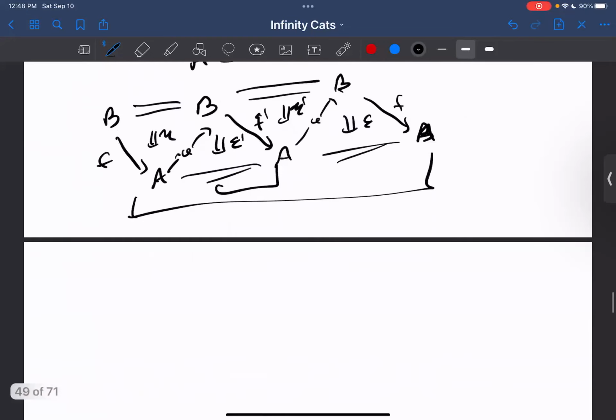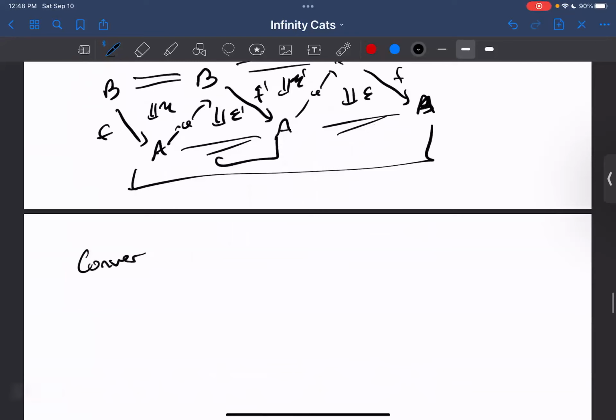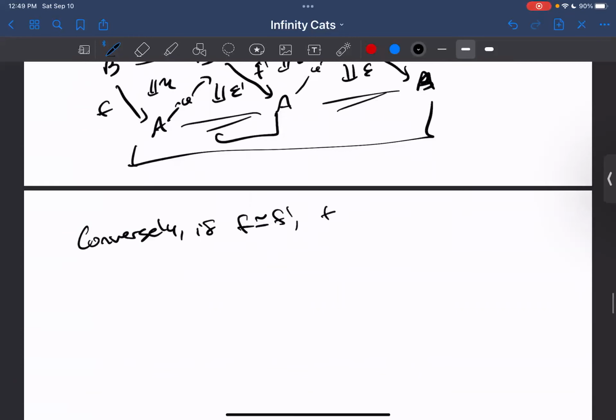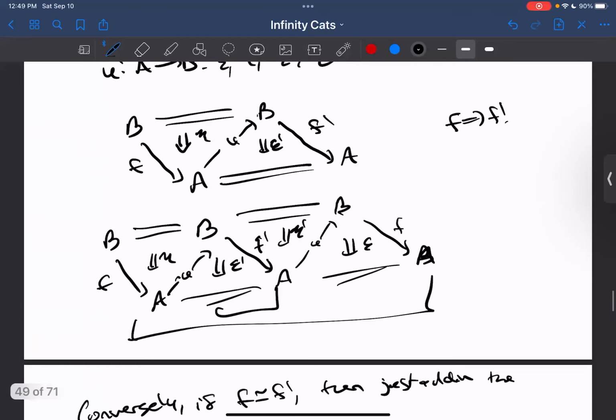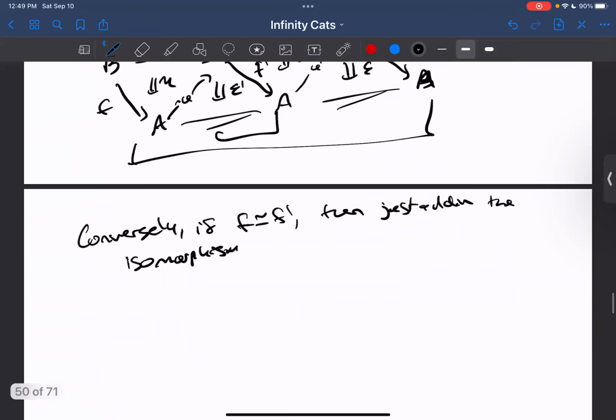And conversely, if F is isomorphic to F prime, then just add in the isomorphism on either the unit or the co-unit. So in this case, your new unit might be B equals B F prime.